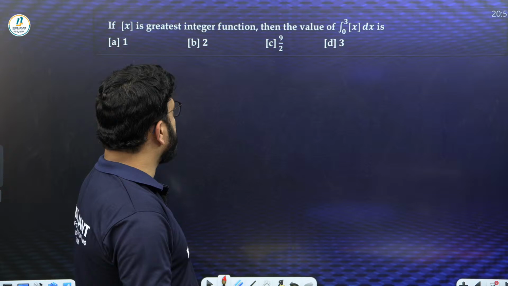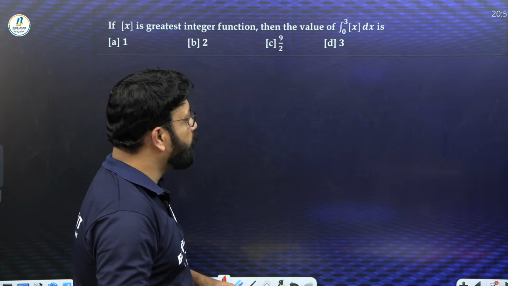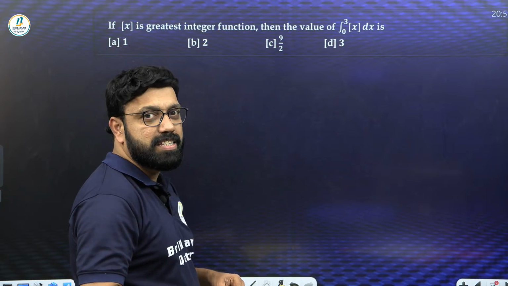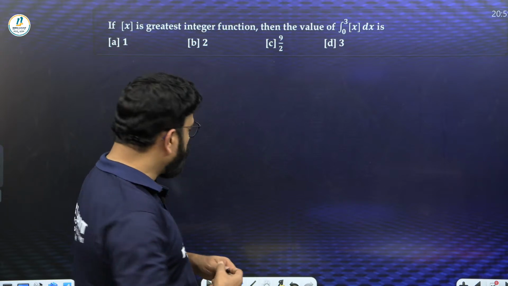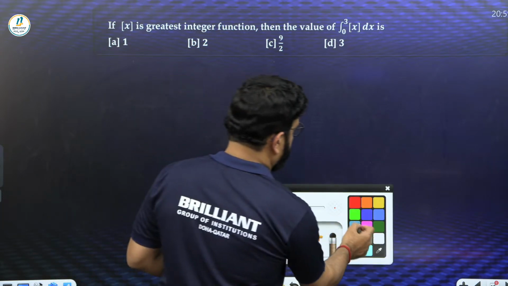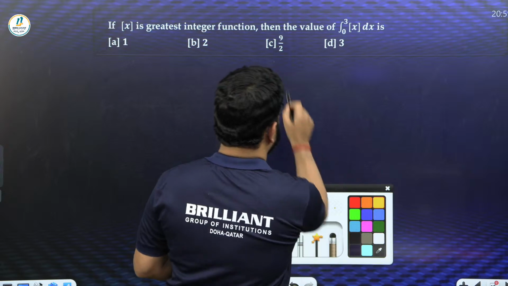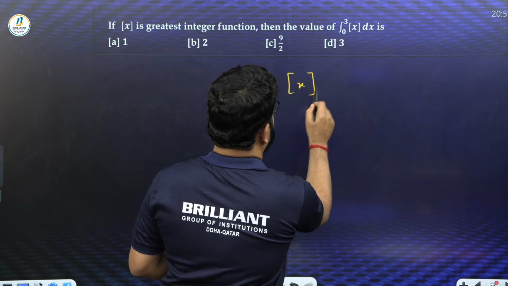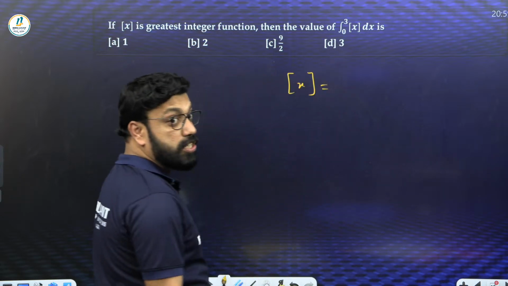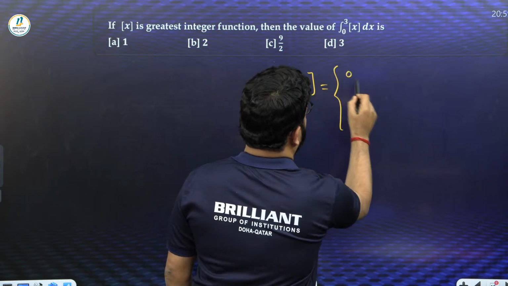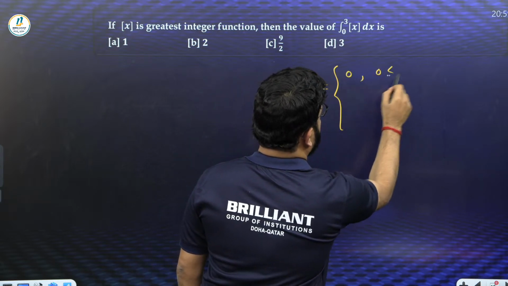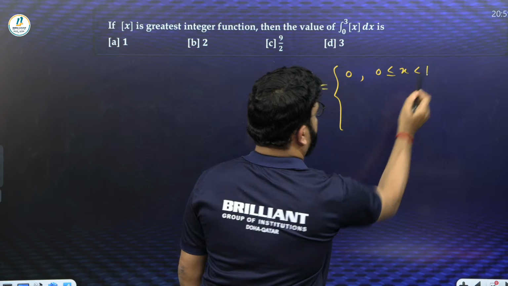x is a greatest integer function. The value of the integral from 0 to 3 of greatest integer x dx is dash. How can we define this greatest integer function? The limit is 0 to 3. It is 0 where 0 is less than or equal to x less than 1.